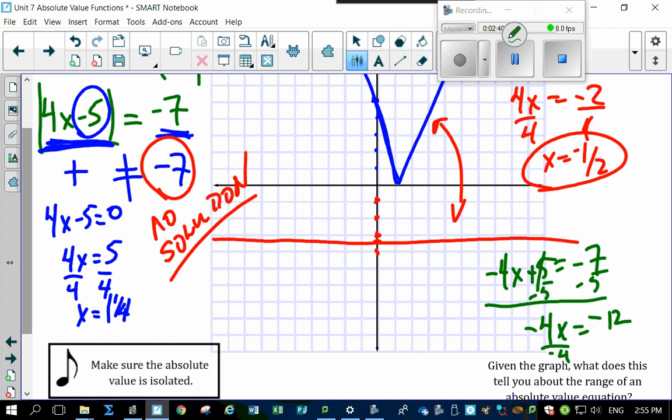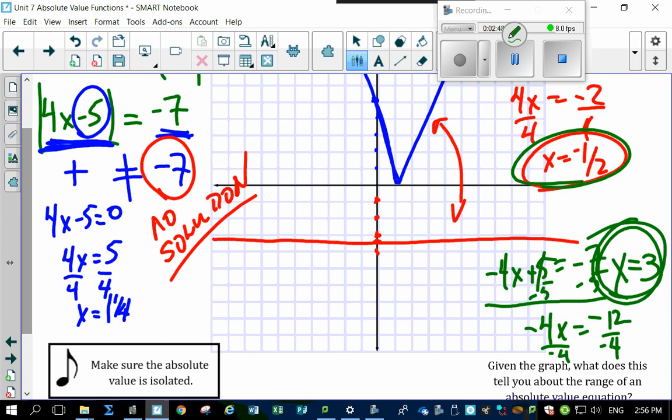Divide by -4, divide by -4. Algebra tells you again, x = 3. So algebra tells you you have two actual answers, but look, if you draw these things, you know for a fact, there's no way that they will have any kind of answer.